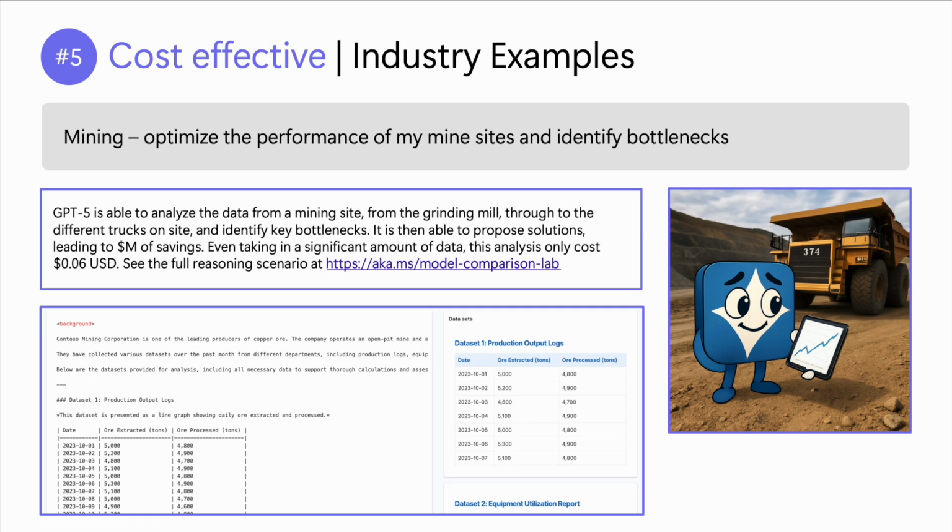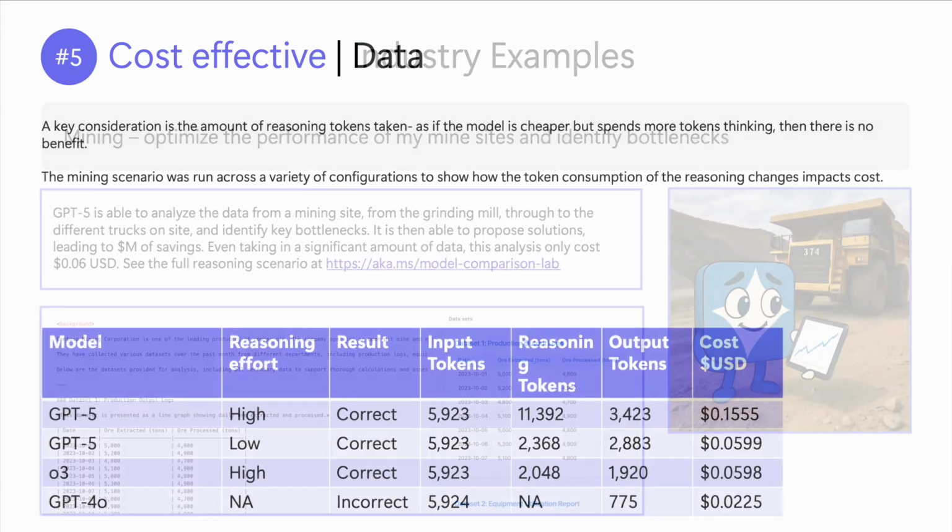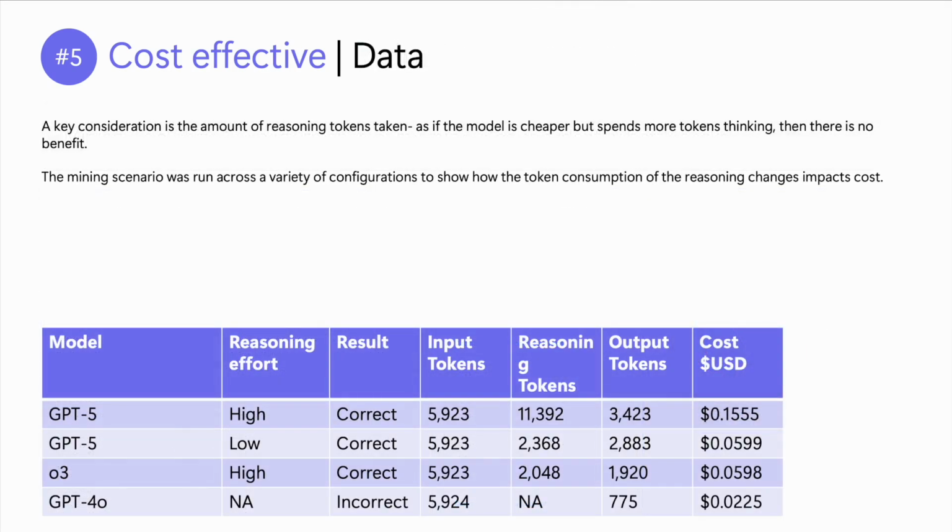And even taking into account the significant amount of data it had to process, the analysis only cost around 6 US cents. You can see the full reasoning scenario and a walkthrough of it at the link here. But what I wanted to show was how cheap the reasoning is and what it can do and deliver in enterprise contexts.